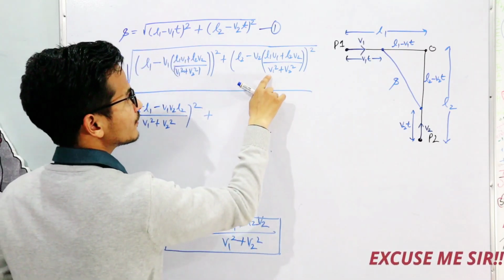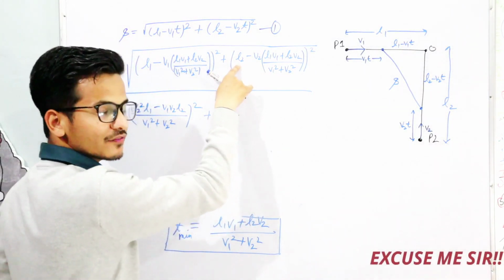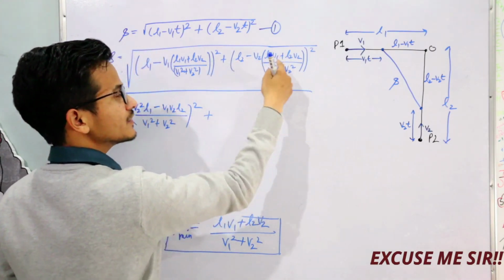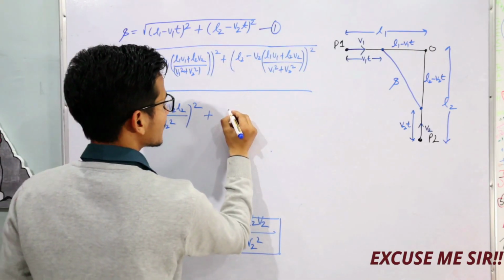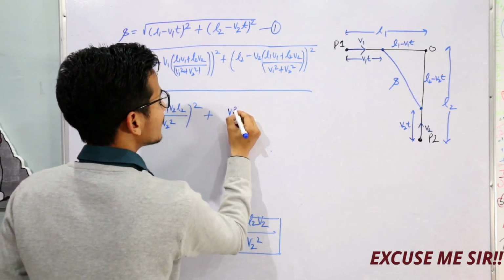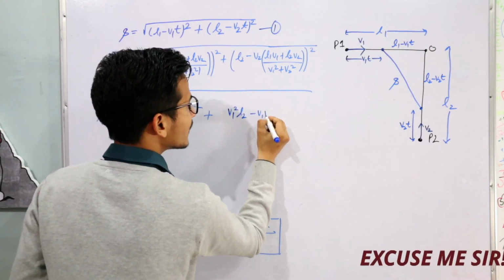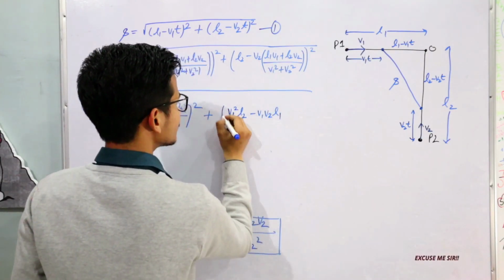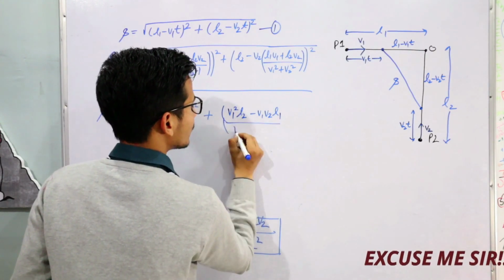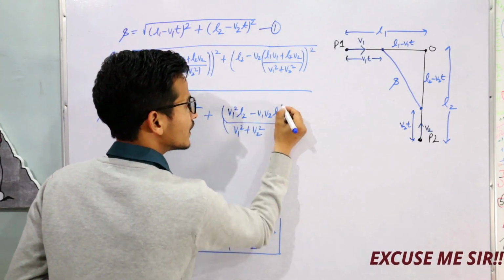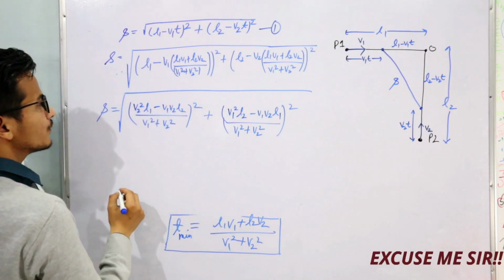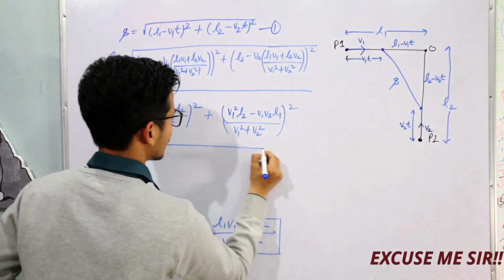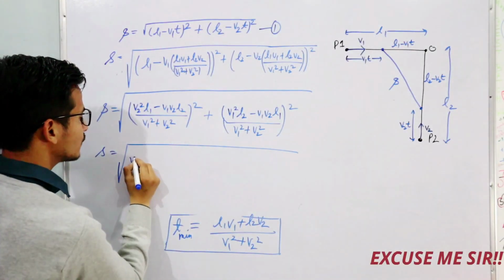Similarly here, v2 square will multiply with L2, and v2 will multiply with this term. One will be negative and one positive, so they both cancel out. We will be left with v1 square L2 minus v1 v2 L1 upon v1 square plus v2 square whole square. Now we take out v2 common.